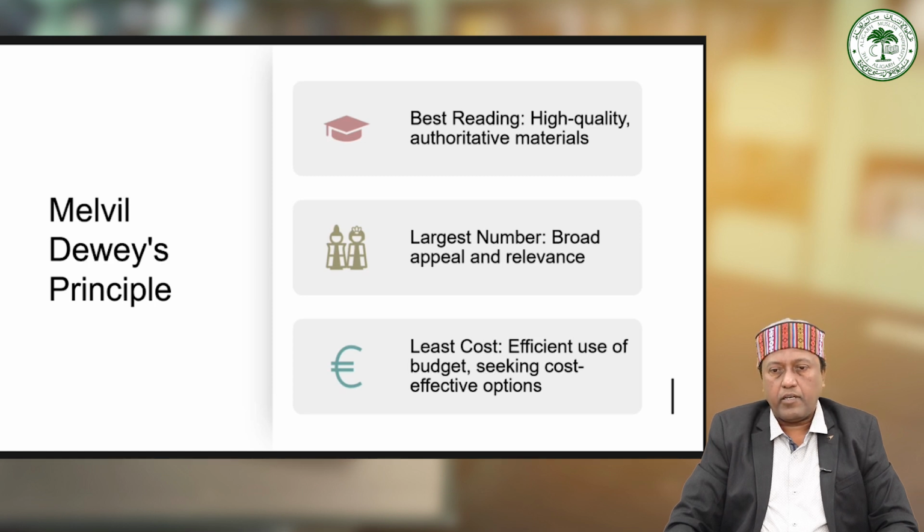This may involve seeking out affordable options such as purchasing used or discontinued material, leveraging consortia and purchasing agreements, or exploring alternative formats such as electronic resources or interlibrary loan services to expand access to materials without significantly increasing costs.